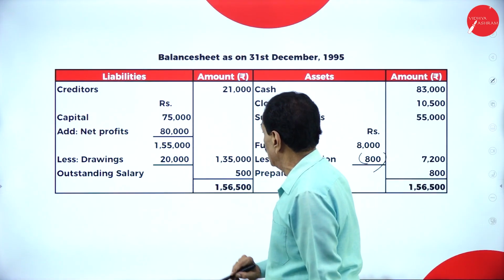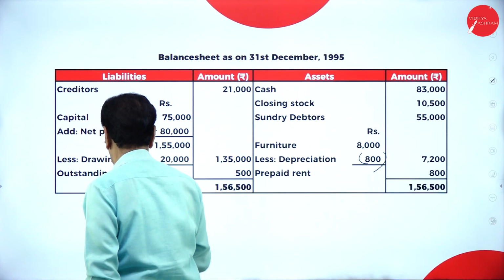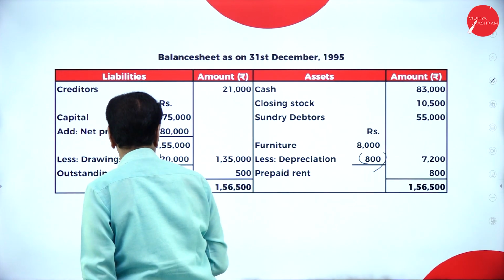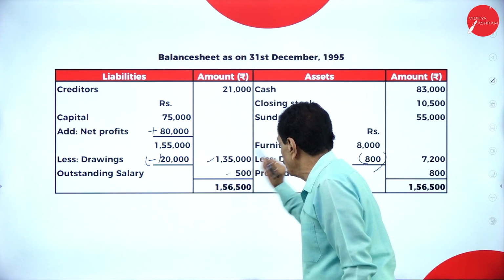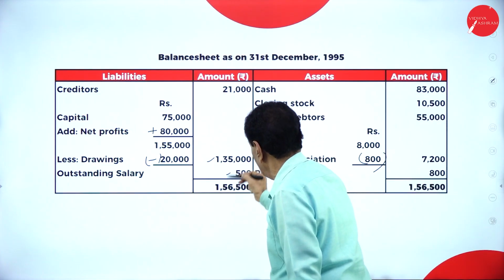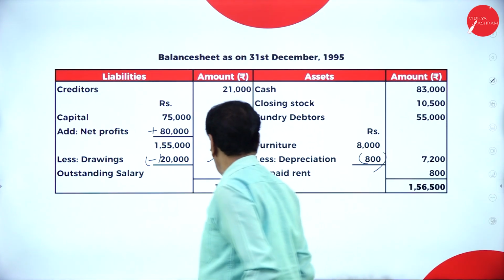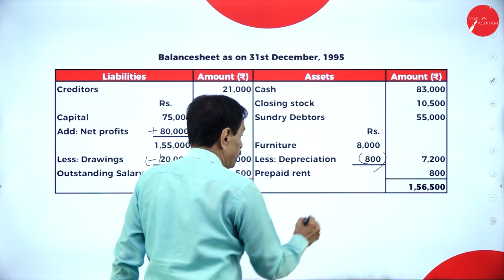Creditor is 21,000, 75,000, add net profit 80,000, minus drawing 20,000, it becomes 1,35,000. Outstanding salary to pay is 500, 500, 1 plus 5, 6, 2 plus 3, 5, 1. So it will tally for 1,56,500.